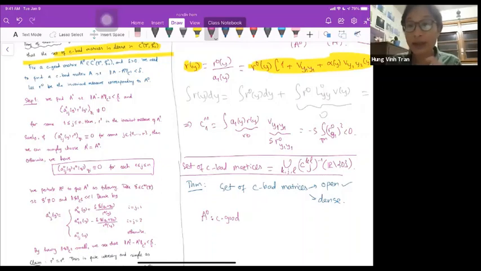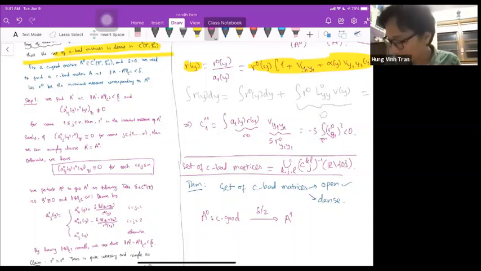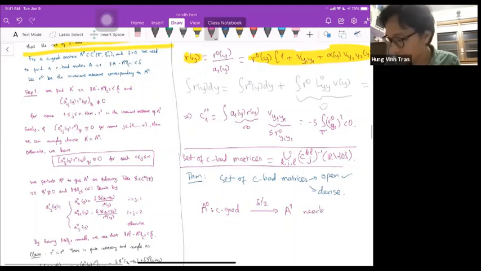I cannot go directly from a C-good to a C-bad matrix, but from A naught I will try to find a nearby matrix A1, of distance delta over 2, such that for A1 I have A1_ij integrated against r1 of y in yi is not zero for some j.